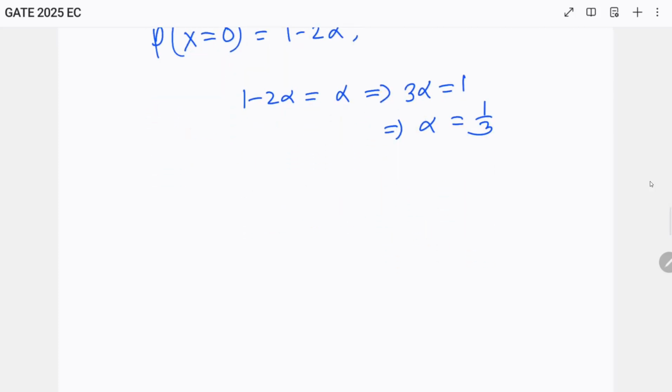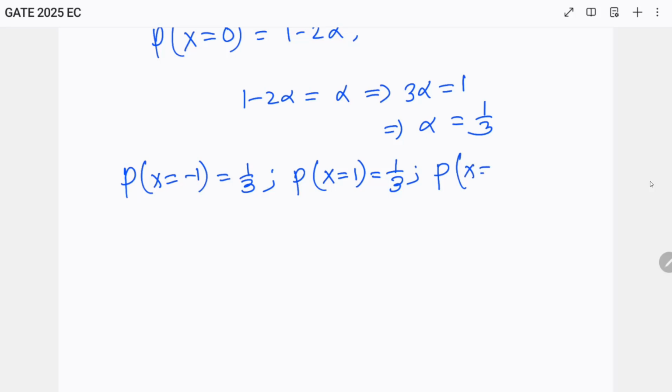So probability of x equal to -1 is 1 by 3, probability of x equal to 1 is also 1 by 3, and probability of x equal to 0 is 1 minus 2 into 1 by 3, which is 1 by 3. Now you can see all are equiprobable.